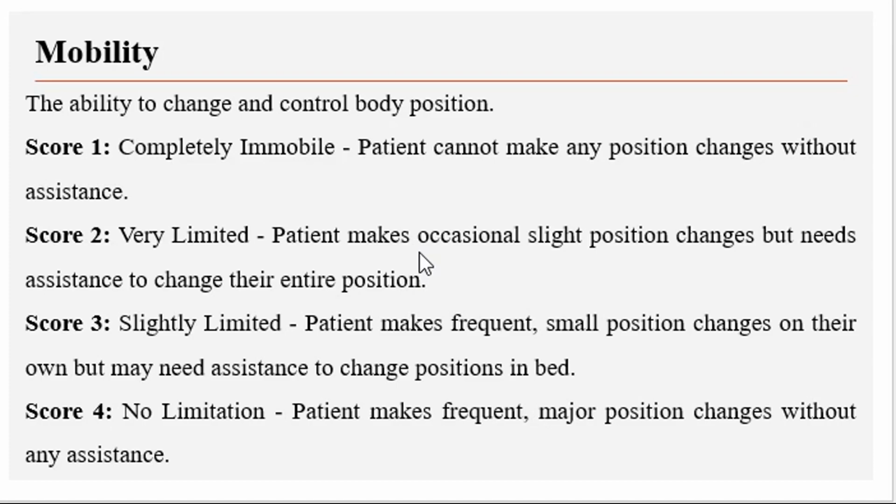The patient makes frequent small position changes on their own, but still needs assistance to change the position in the bed. In this condition we give score 3. Score 4, no limitation. The patient can frequently make major position changes without any assistance. In this condition we give score 4.